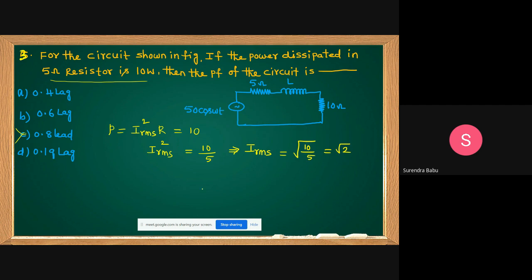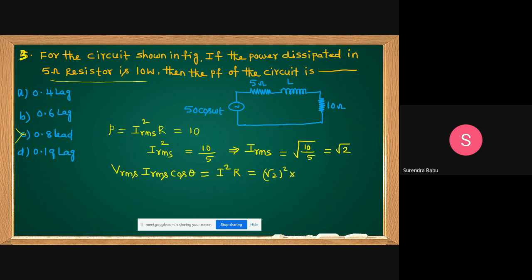Clear? We are getting the current. But you know this formula: VRMS into IRMS into cos theta is equal to the active power, which is I square R. That is IRMS square R, root 2 square into R. How much is the resistance, friends?